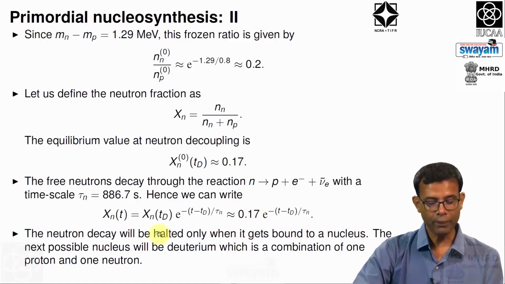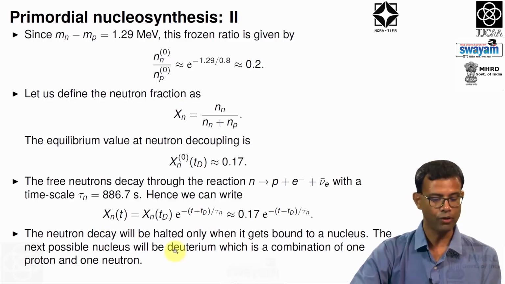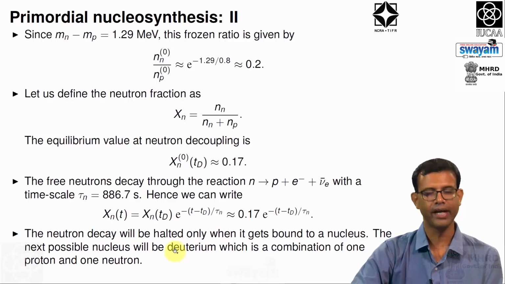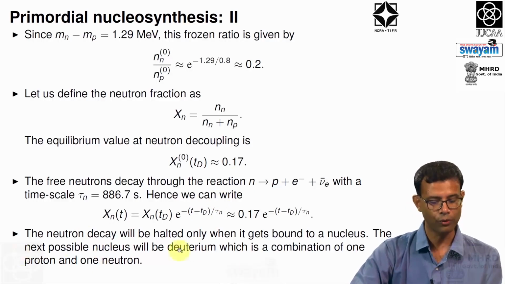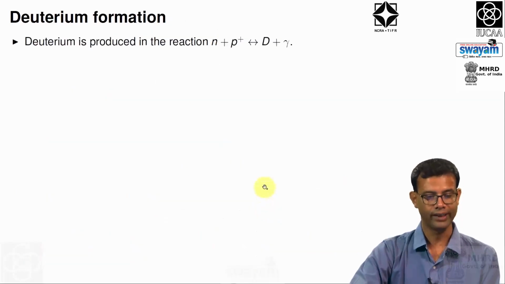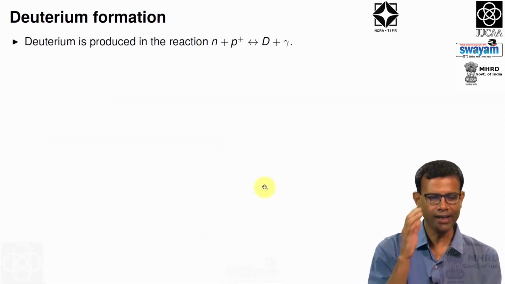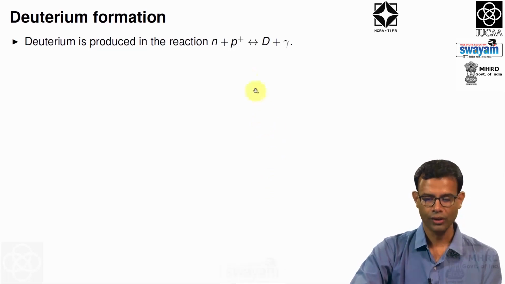Now, the next simplest nucleus will be deuterium, which is just a combination of one proton and one neutron. Remember, this is just an isotope of hydrogen. Okay. This is unstable, but at least that is the starting point. If you can bind the neutron to proton, you can halt this decay. So, let us then understand the deuterium formation. Deuterium will be produced when a neutron and a proton come together and produce a deuterium and a photon.